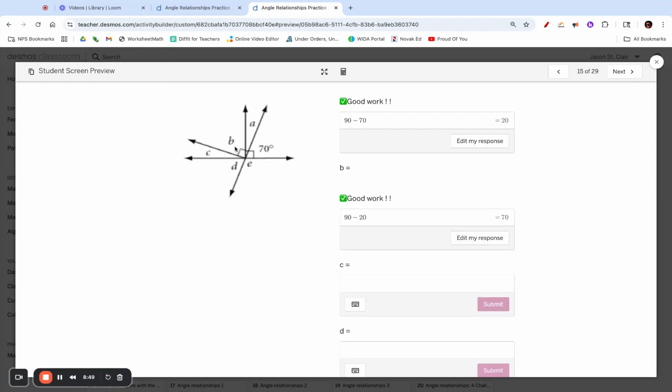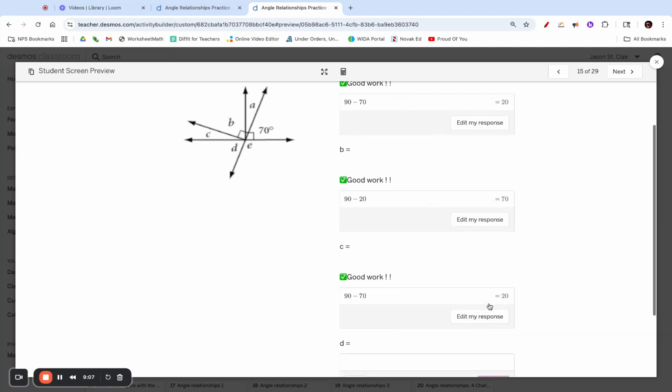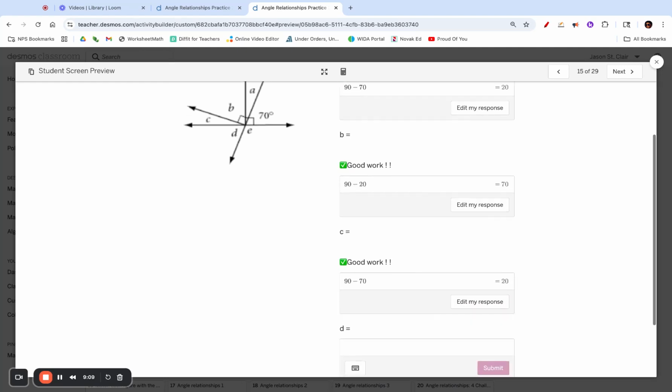Next, I know that B and C are also complementary. I know that because if A and 70 are complementary, then B and C together are also 90. So if B is 70, then 90 minus 70 means that C has to be 20. D, I know, is vertical to 70, which means they are the same.